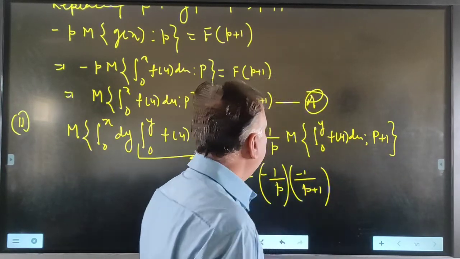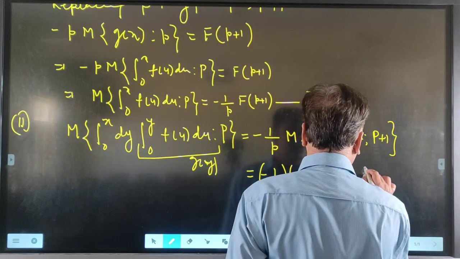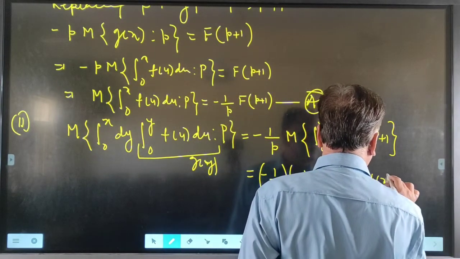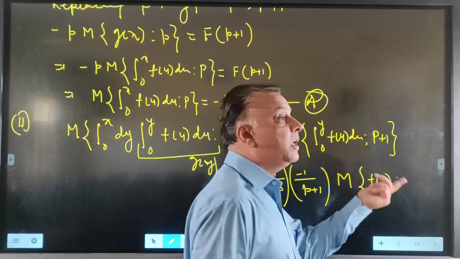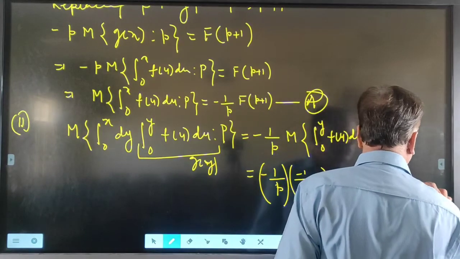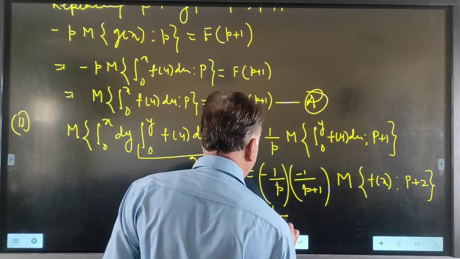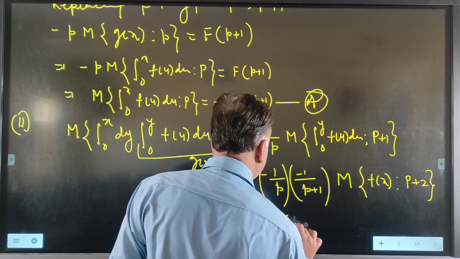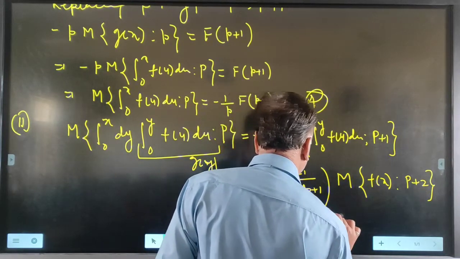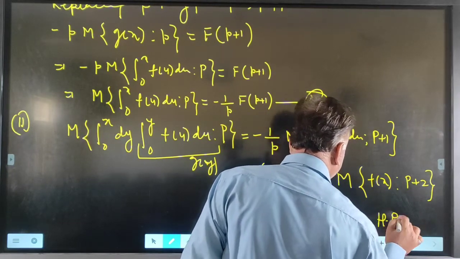So minus 1 upon p into minus 1 upon p plus 1 into the Mellin transform of f(x) with respect to parameter p plus 1, that is one greater than the original parameter, so this is p plus 2. We can write this as 1 upon p into (p plus 1) F(p plus 2), which is the required result.